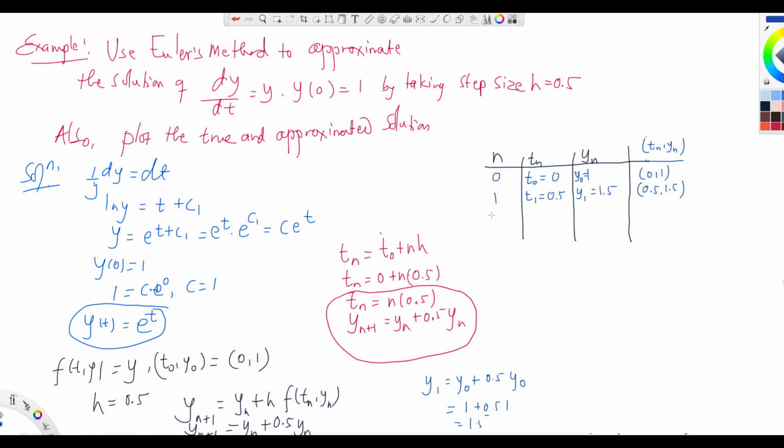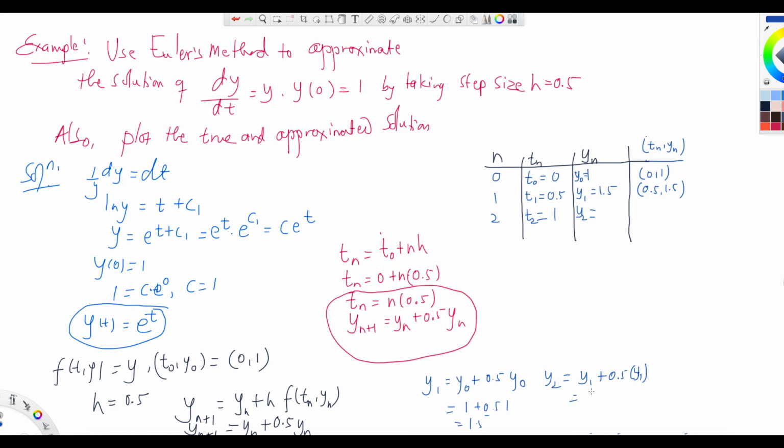Similarly, when you take n equals 2, you will get t2. t2 will be 2 times 0.5, that will be 1. And then y2. How do I find out y2? You will have to take n equals 1 to find y2, right? y2 is y1 plus 0.5 times y1.